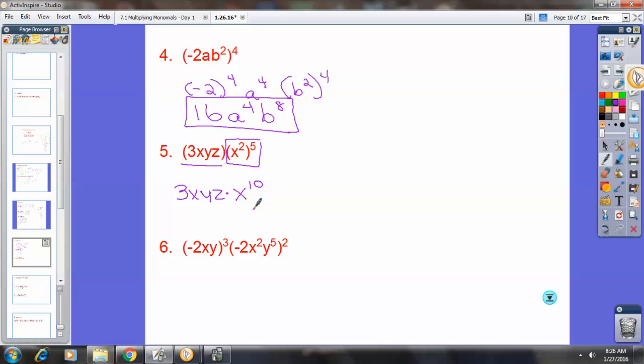We're multiplying. You can multiply these in any order. What exponent was on that x if there's nothing? 1. So what can we do to those exponents? We're multiplying. Add them. So 1 plus 10 is 11 x's. So x to the 11th power, y, z.